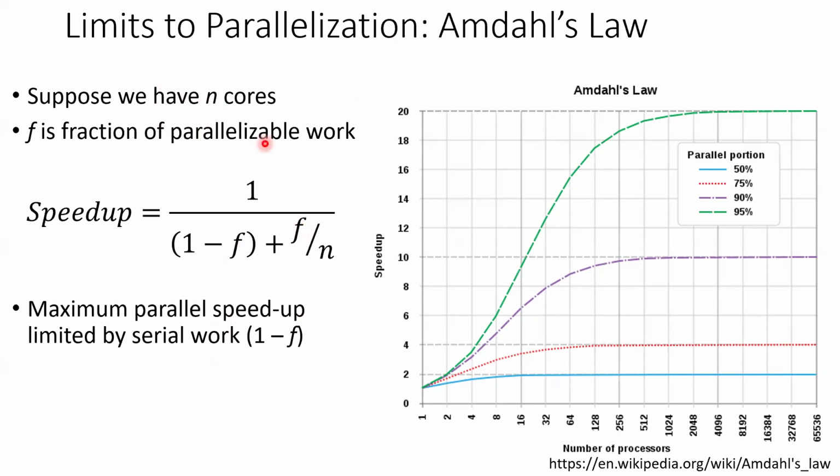Suppose we have n cores and f is the fraction of the work that you are parallelizing. Your speedup will be limited by this. For example, if you have only half of the program parallelized, then your final speedup will probably not exceed 2x.